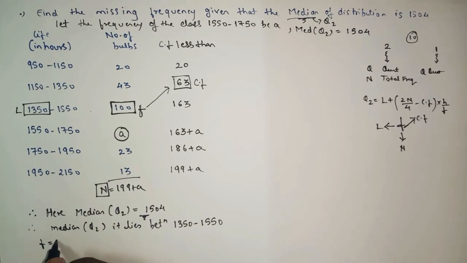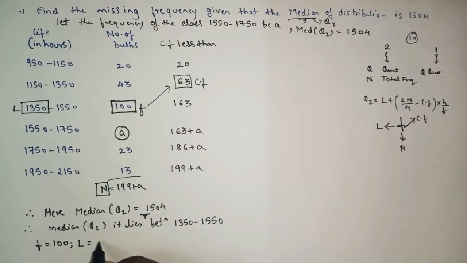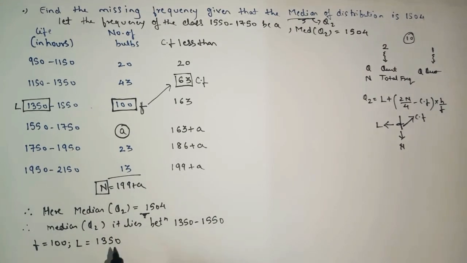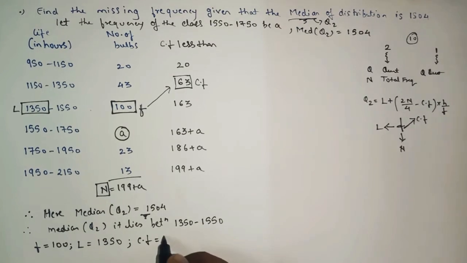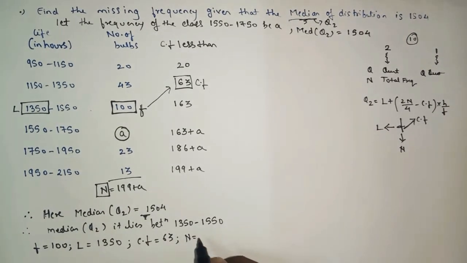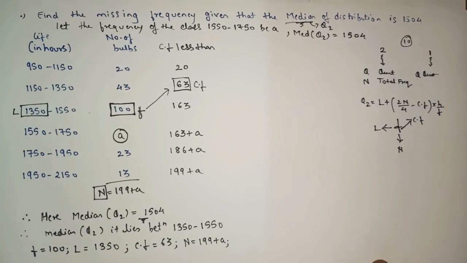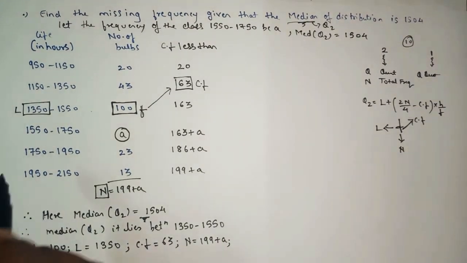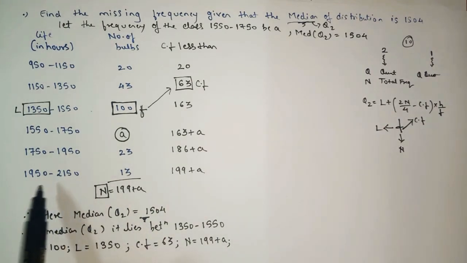So with the help of this, here we got the values. The value of F is what? 100. The value of L is what? 1350. The value of CF is what? 63. The value of n is what? 199 plus a, and we require one more value, that is h. Yes or no? So here for h, we'll see the difference.